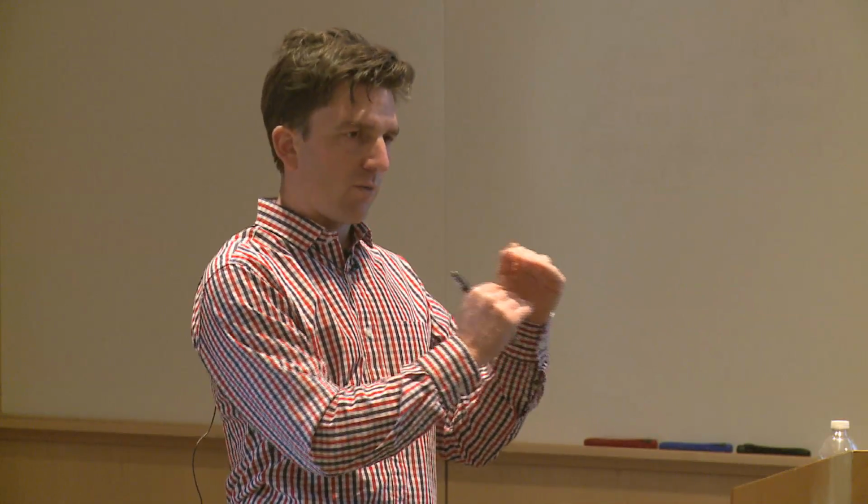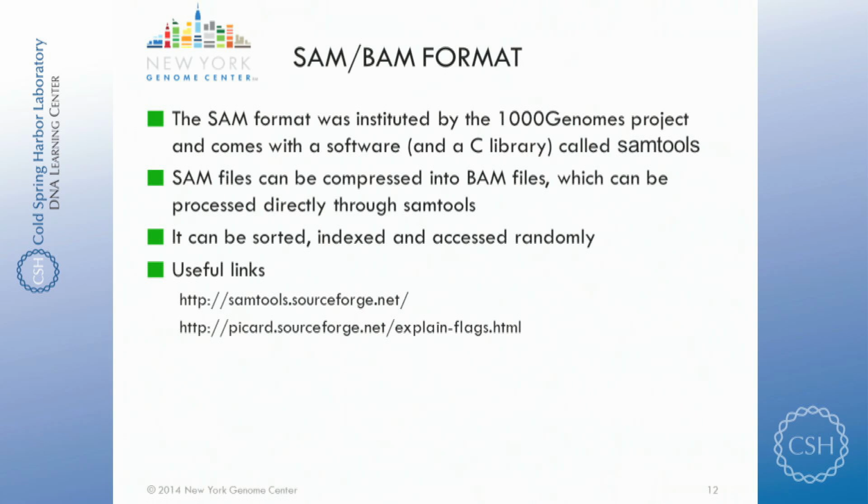And you can do that without having to read the entire file. Remember, the file is several gigabytes. If you have to read all through it, it will take a very, very long time to capture the one region you're interested in. The advantage of BAM is that you can go directly to the genomic location you're interested in. And that's an absolutely key advantage.